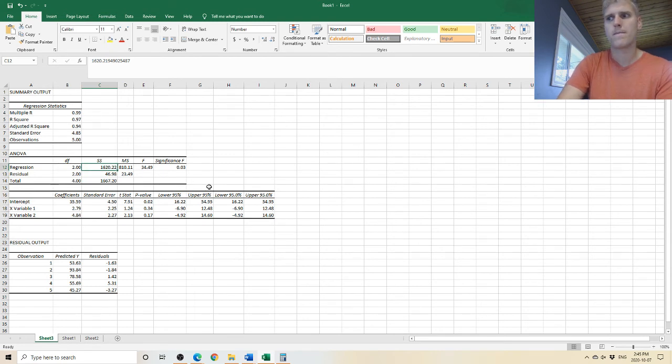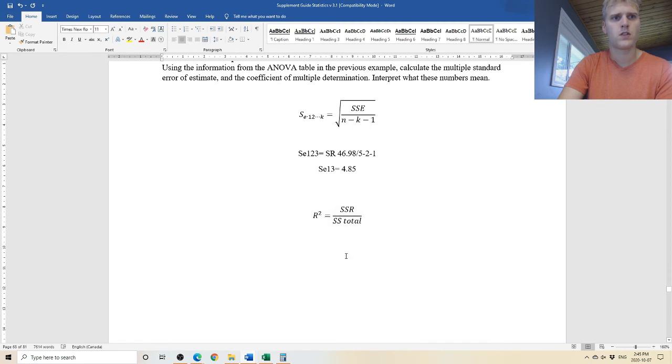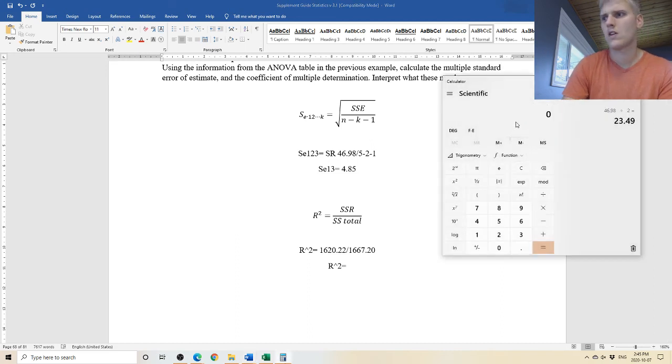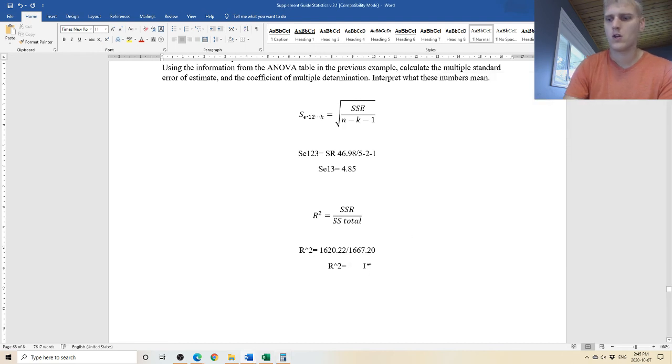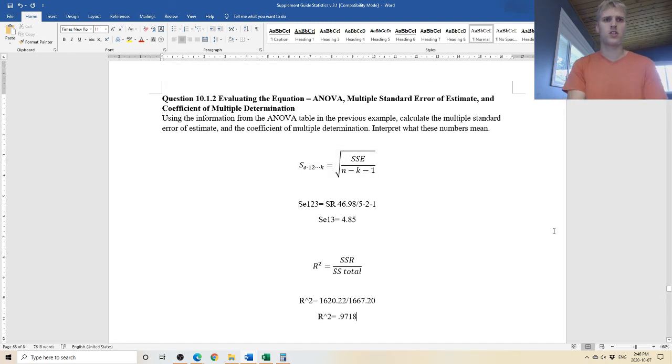So we can enter this in. And we get 0.9718 for our coefficient of multiple determination.